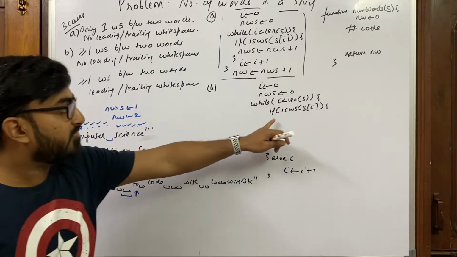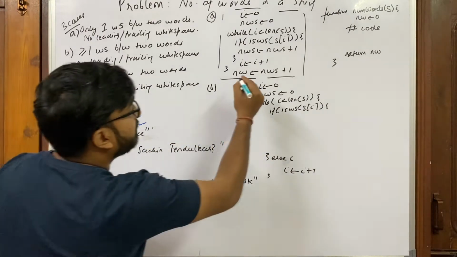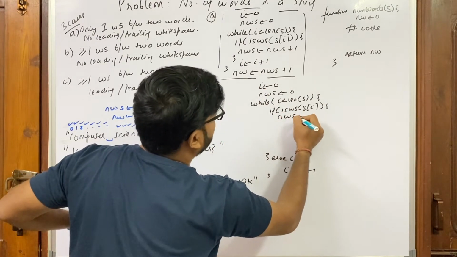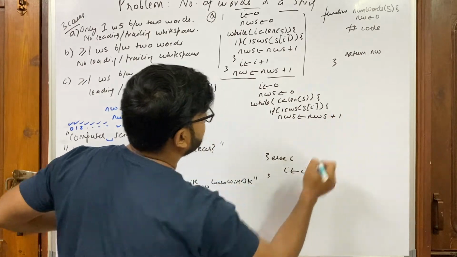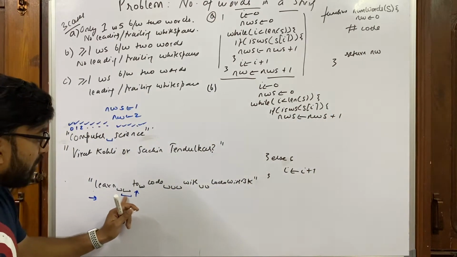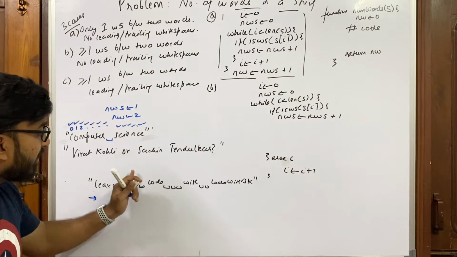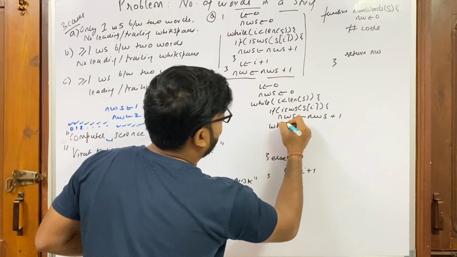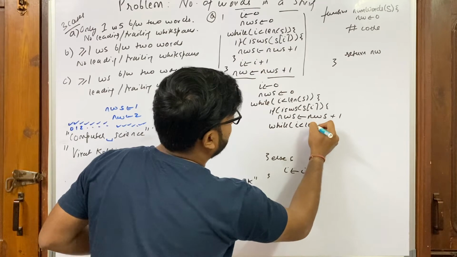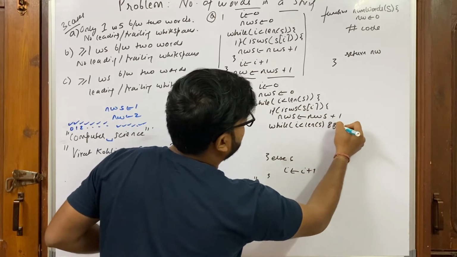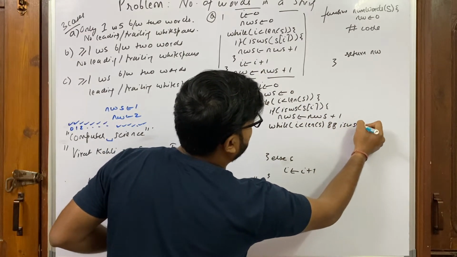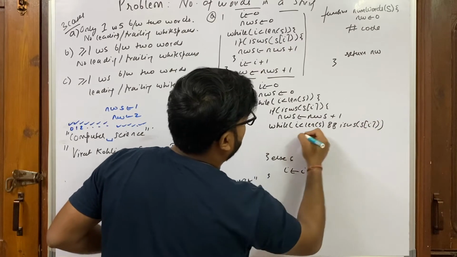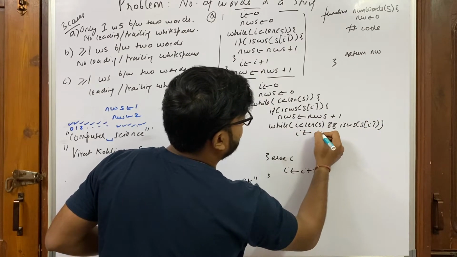So for the case where we find a white space, we increment number of white spaces by 1. This is the same as in the previous case. But we also skip all the following continuous white spaces till we find a non-white space character. That is, I say while i is less than length of s and is white space s of i, do i equal to i plus 1.